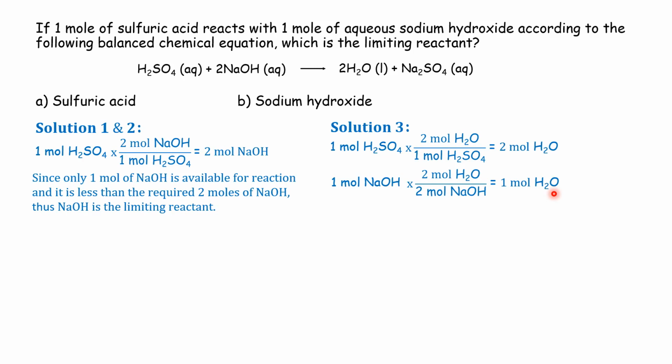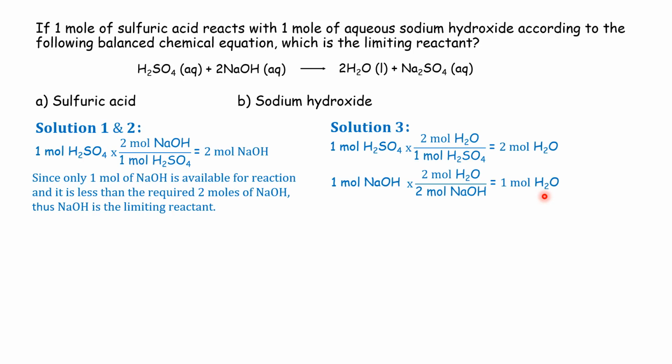So obviously 1 mole of water is smaller than the 2 moles of water. Which means reactant A can produce 2 moles of water, but reactant B only produces 1 mole of water.